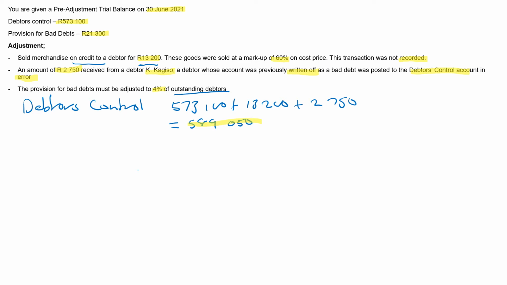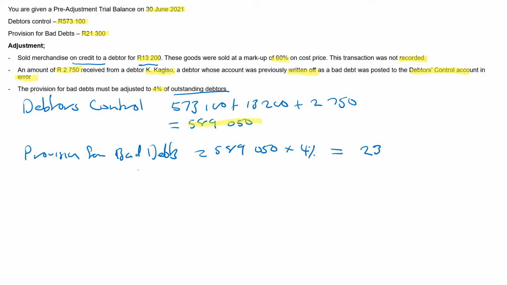So provision for bad debts will be equal to 589,050 times 4%, which gives you 23,562.